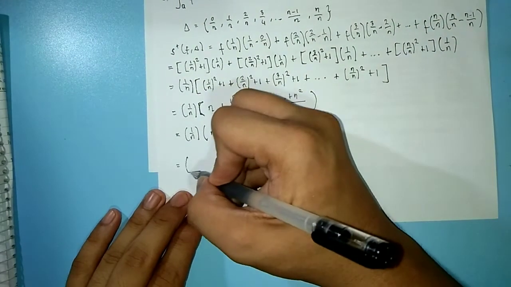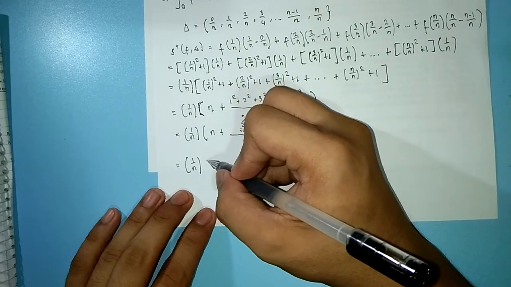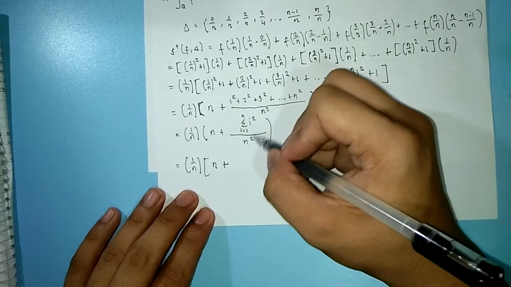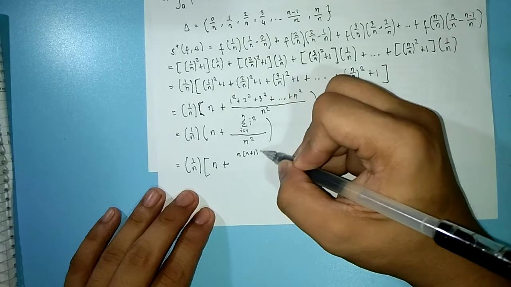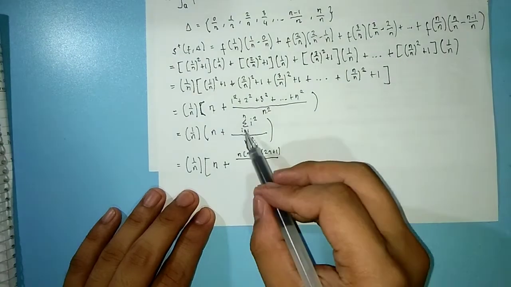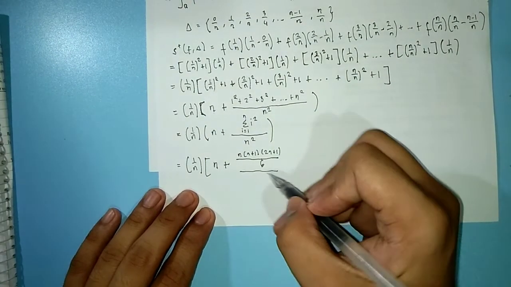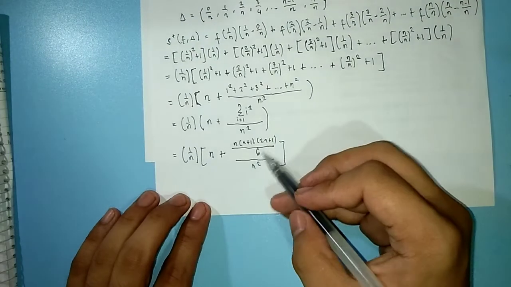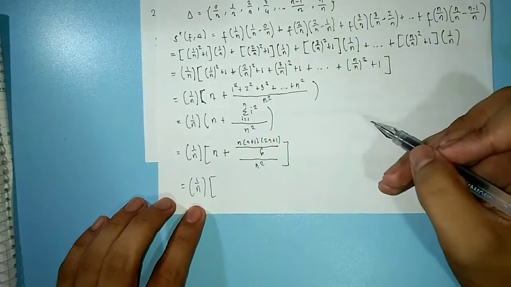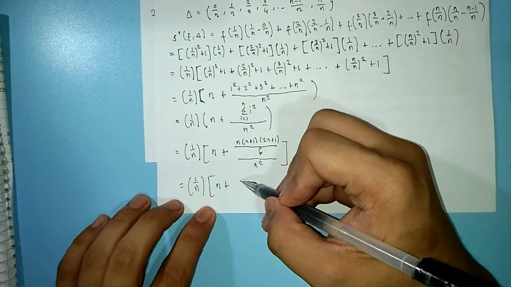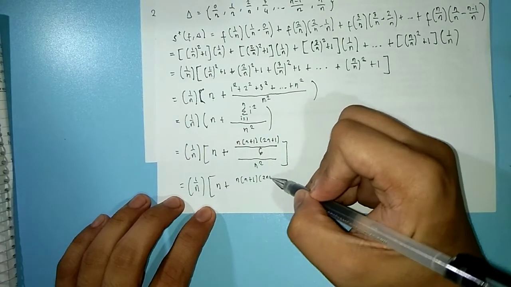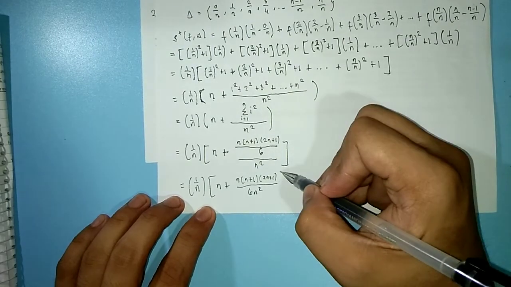So this will be equal to 1 over n times quantity n plus n times (n plus 1) times (2n plus 1) all over 6. So this is the formula, right? For the summation of i squared over n squared, we bring down the 6, so it becomes 1 over n times n plus (n plus 1)(2n plus 1) over 6n squared.